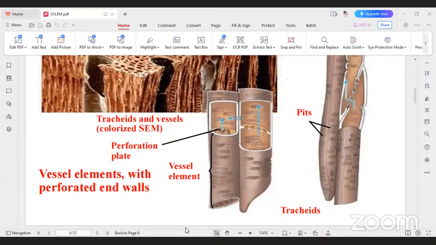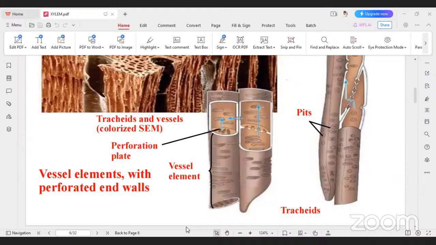The term vessel refers collectively to a series of interconnected cells joined end to end like a ladder, one cell above another. The xylem vessel is also called trachea. In xylem vessels we find perforation plates, and water moves through the perforation plates.